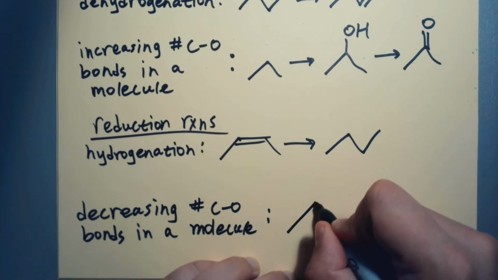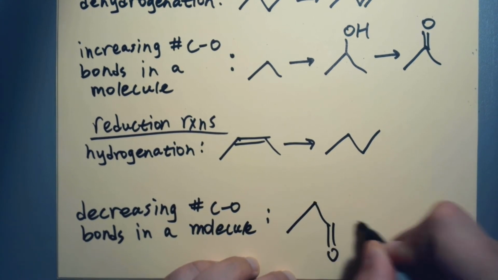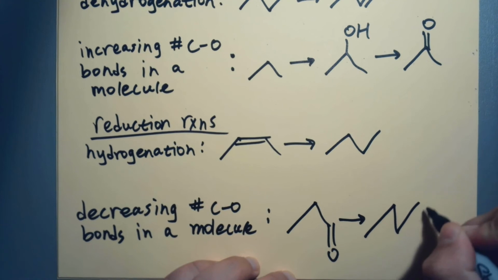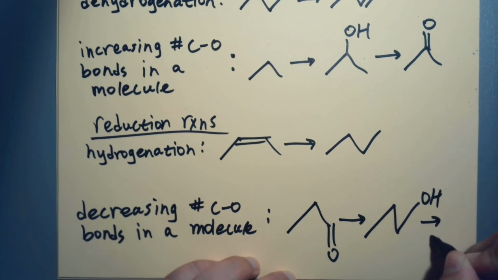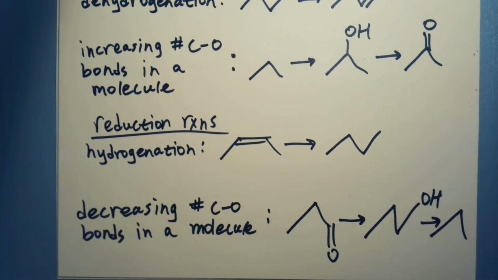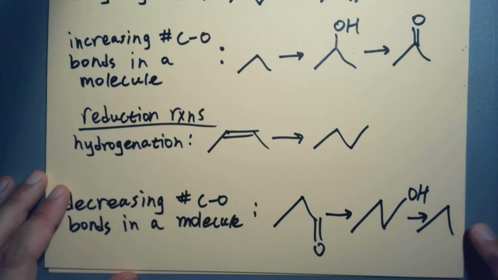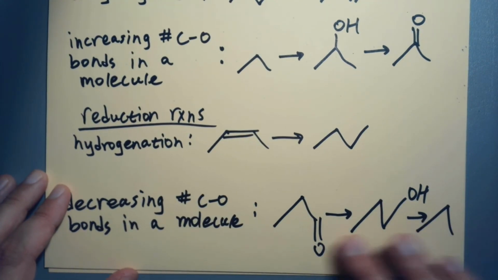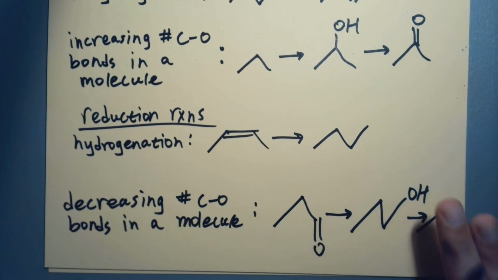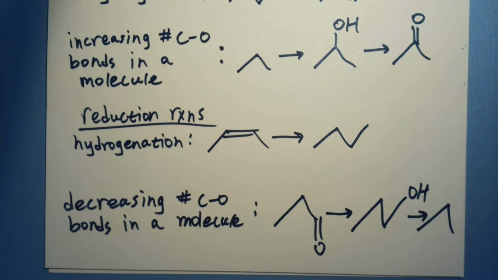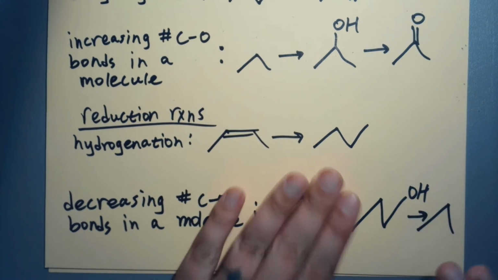Well, maybe we got something like this. This would be a series of, there's a reduction, here's a reduction. So I just put 2 of them in series. But if you just saw this by itself, that's a reduction reaction. If you saw it like this, that's a reduction reaction.